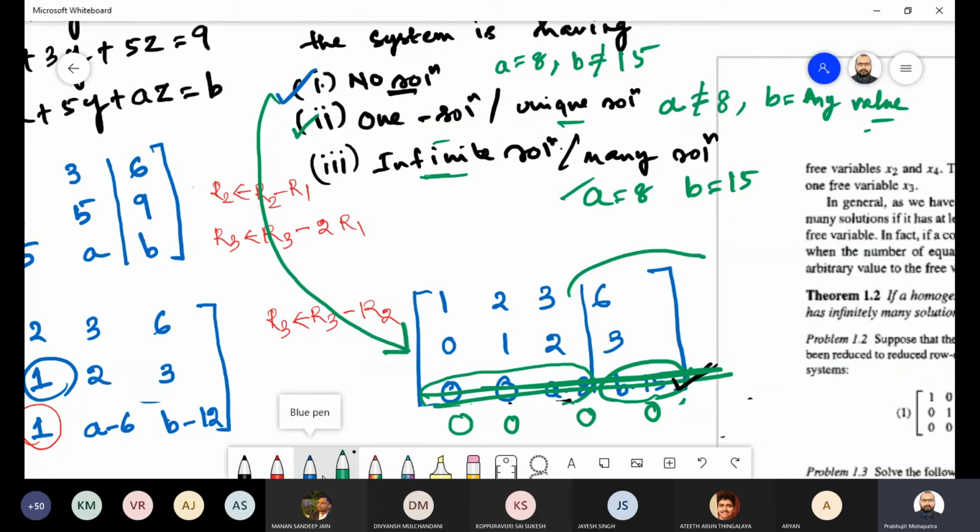Now you have 3 variables and 2 equations. With 3 variables and 2 equations you have an infinite number of solutions. You make that row fully 0, so one equation is deleted, and you are going to have infinite solutions. Understood?